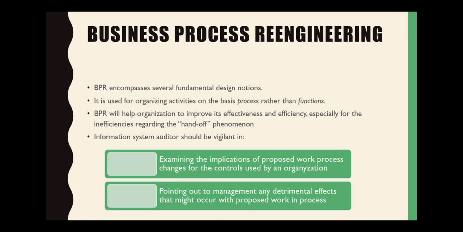And then the information system auditor should be vigilant on two points. The first is examining the implications of proposed work process changes for the controls used by an organization. And the second is pointing out to management any detrimental effects that might occur with proposed work process changes. Yeah, it's quite confusing.